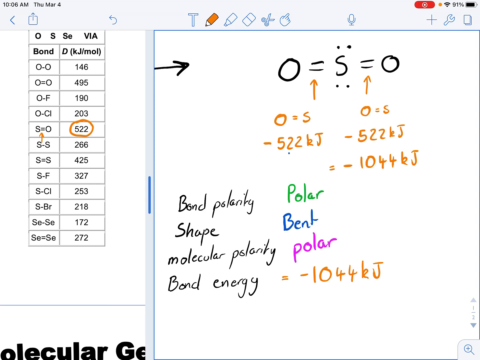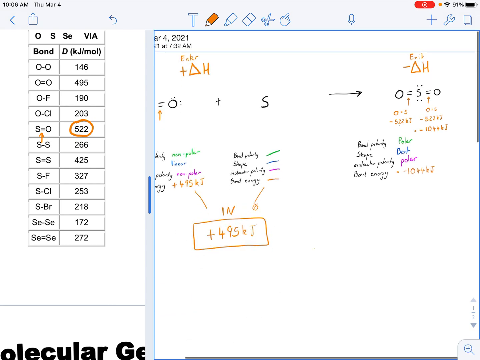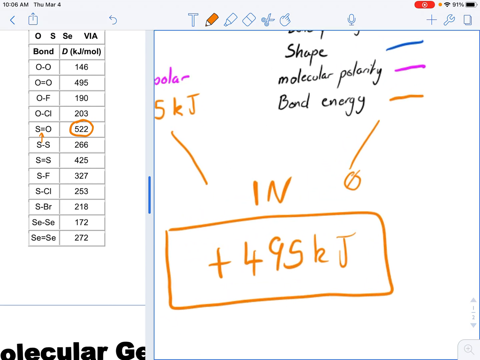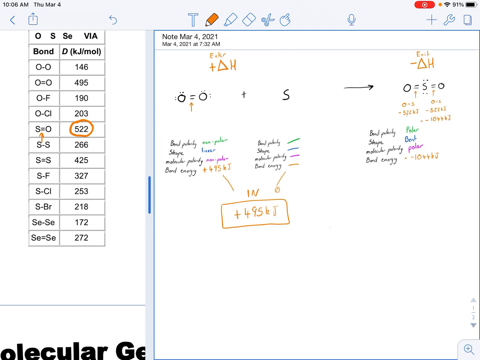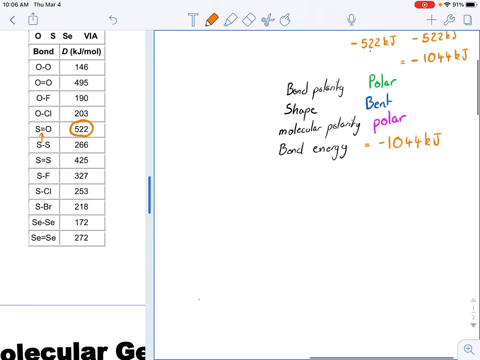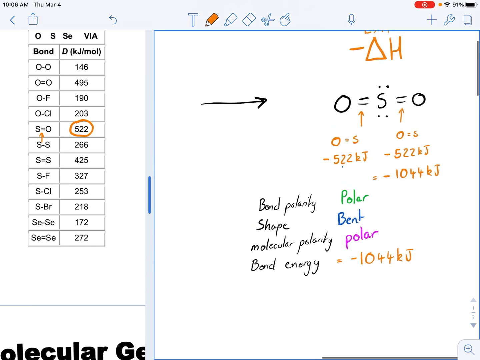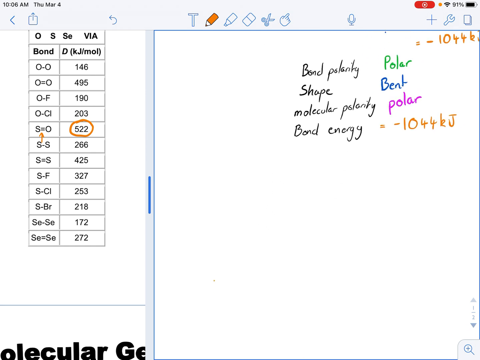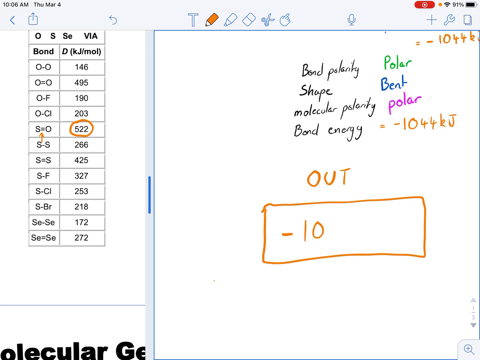All right. So we're almost done. We're almost completely finished with this. The total amount of energy we put in was 495. Let's have a look at the total energy we get out. Well, there's only one molecule being formed here, so I don't have to do any calculations, but I'm just going to put it in my big box here. It says energy out is negative 1,044 kilojoules.